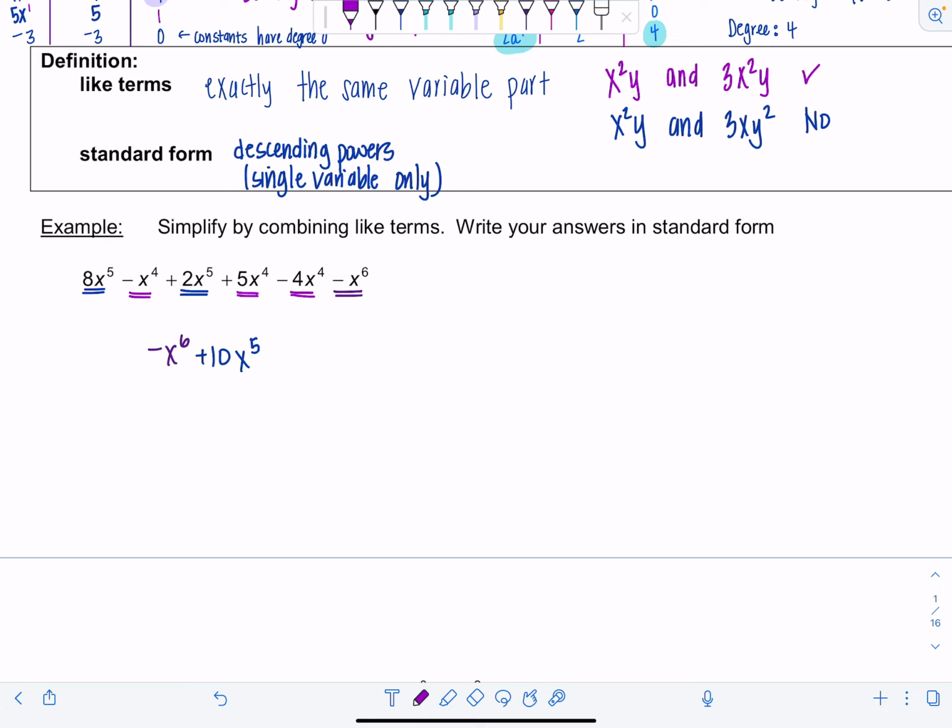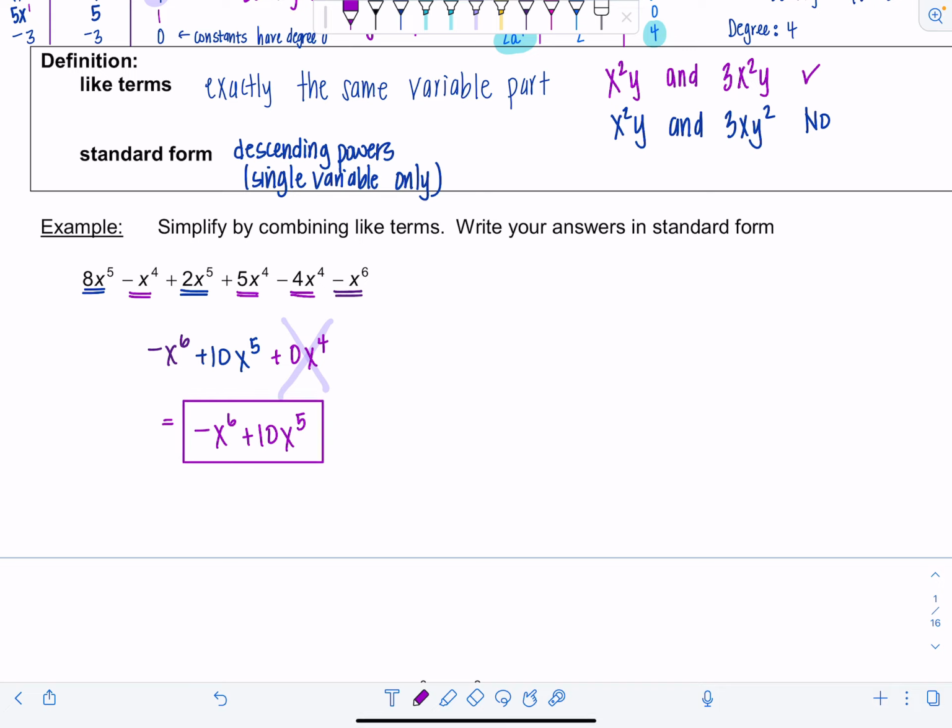So that's -1 plus 5, so positive 4x to the 4th, minus 4x to the 4th. We basically have 0x to the 4th. You don't need to write that though. So your final answer would just be -x to the 6th plus 10x to the 5th. And that's already in descending powers.